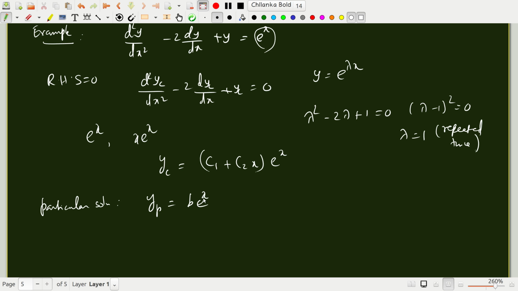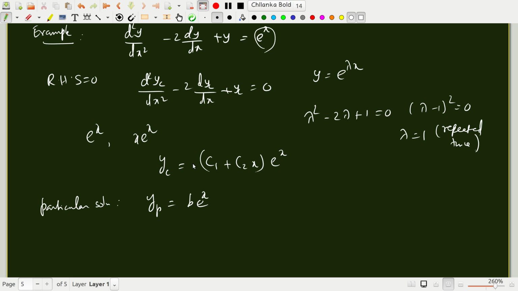There is no lambda here, just e^x. Substitute this form in the equation and see whether it satisfies it for some value of a or b. So there is no single general method for solving the particular integral.